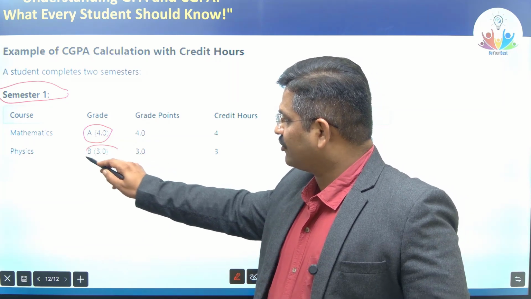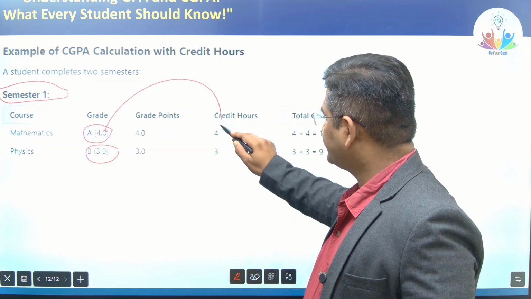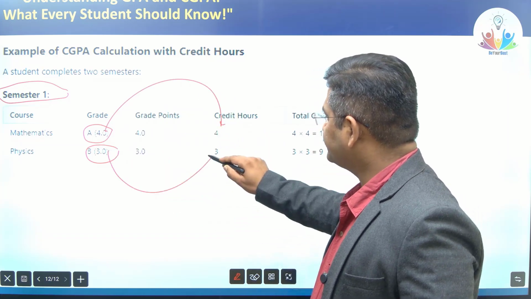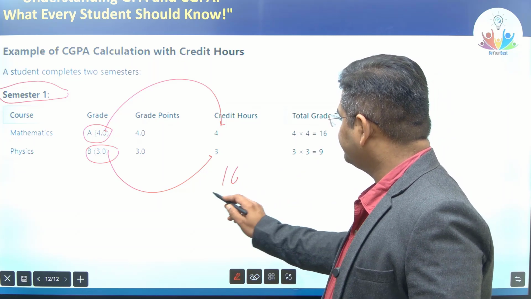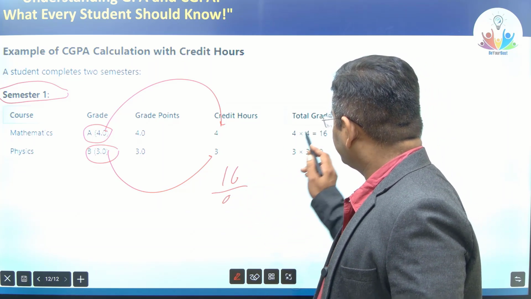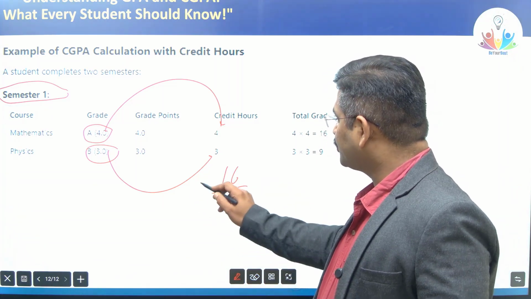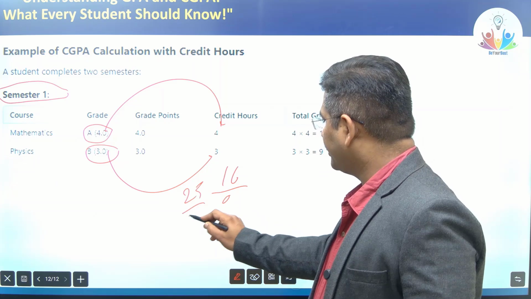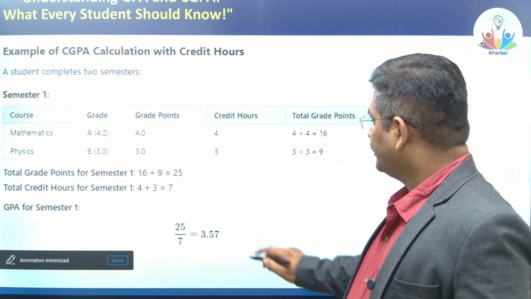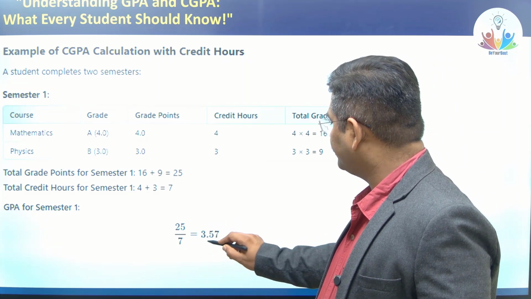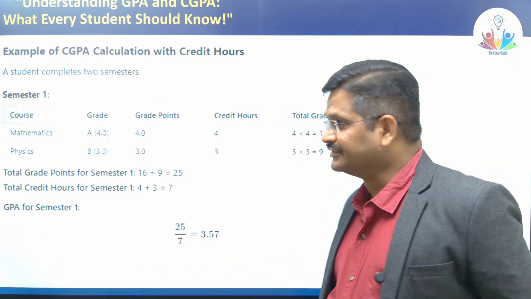Suppose in physics she got a grade of 3, and the credit hour for mathematics is 4, the credit hour for physics is 3. 4 into 4 is 16 and 3 into 3 is 9. This is the grade points, 25, divided by the 7 total credit hours, and that will be the GPA. This will be 3.57. This is the total grade point for particular universities also.